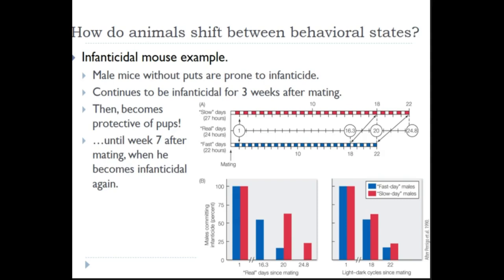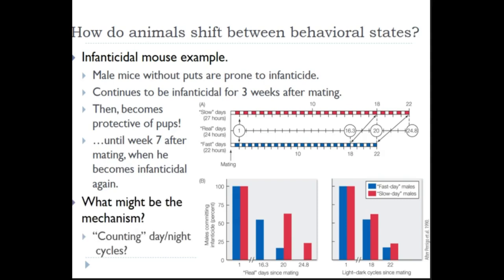And so they went and checked, all right, is this changing the behavior of these animals? If they're counting the number of day-night cycles, and if after 3 weeks, which would be 21 days, is when they normally would stop being infanticidal, so here's 20 days.